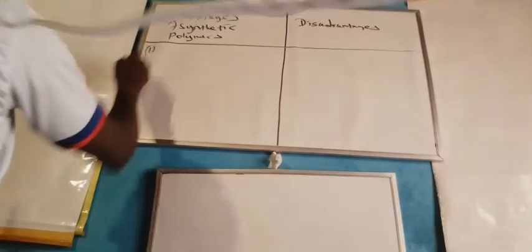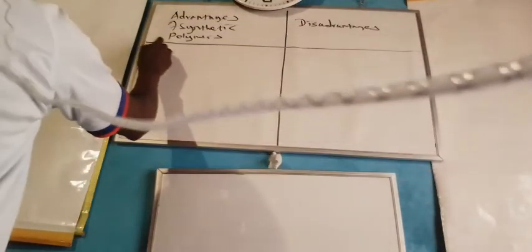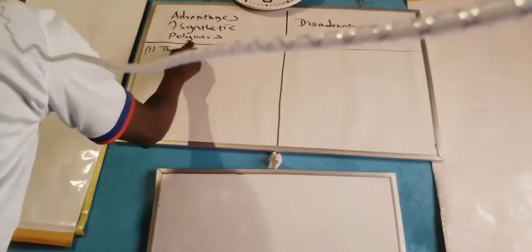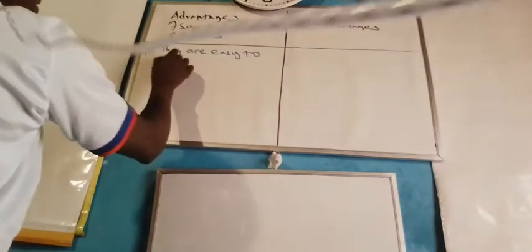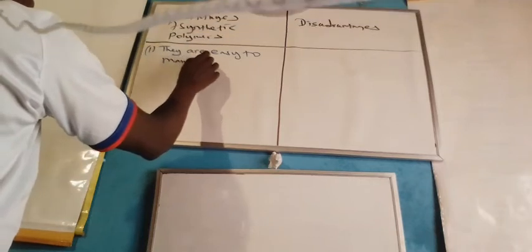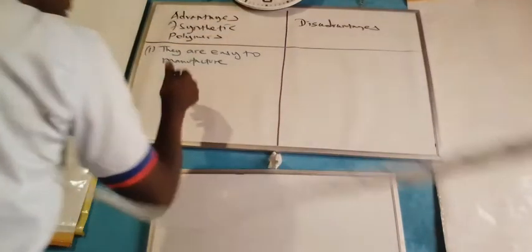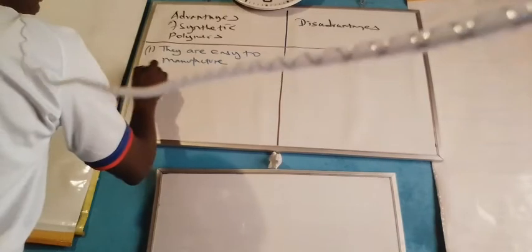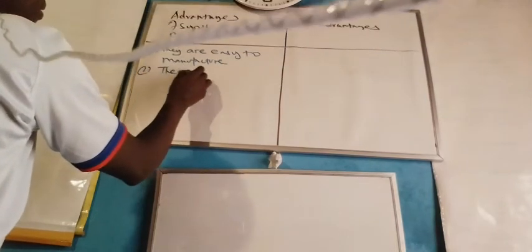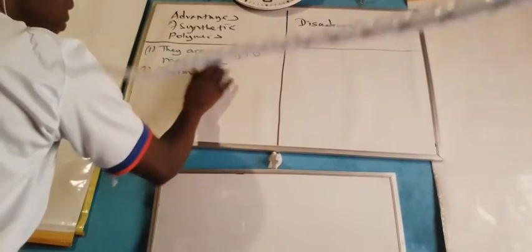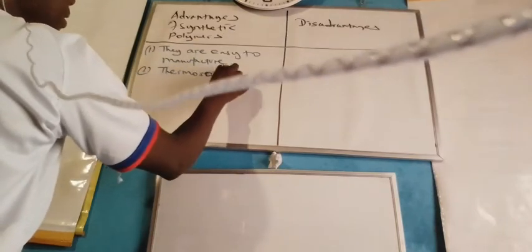So one advantage is, one, they are easy to manufacture, simply because they are thermosoftening. Now, being thermosoftening means when subjected to heating, they melt easily.